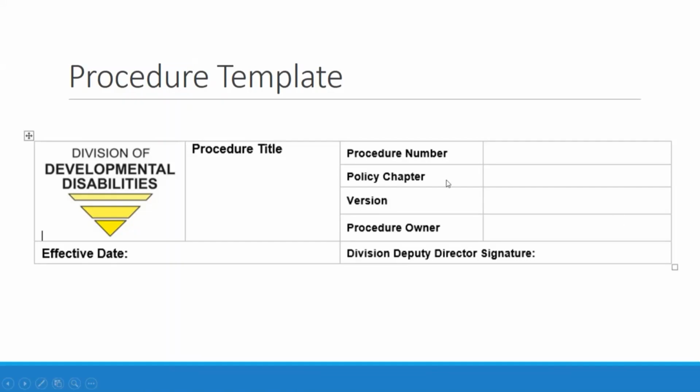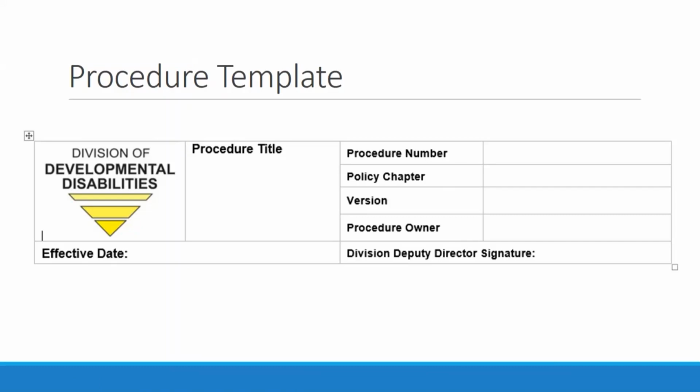Your procedure number and your policy chapter are going to be assigned by either myself or Beth Hershkin. Beth is the executive assistant to the director, and she will be your go-to for any administrative assistance as we're working through the online manual and working to archive some of our final documents.